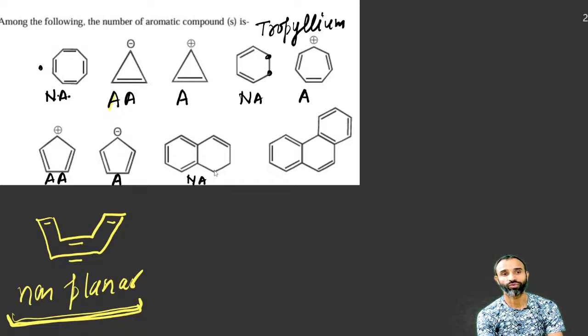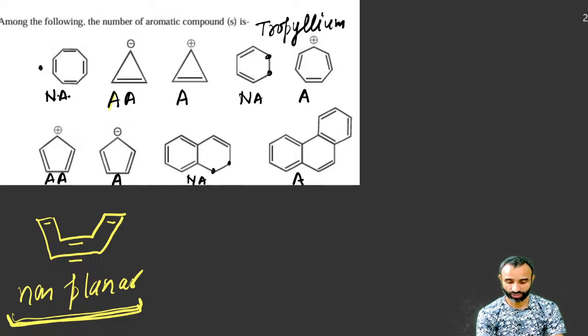Non-aromatic. Very good, because there are 2 sp3 hybridized carbons. What about this? This is aromatic because all the rings are in conjugation. Total pi electrons are 14. No, this is phenanthrene.